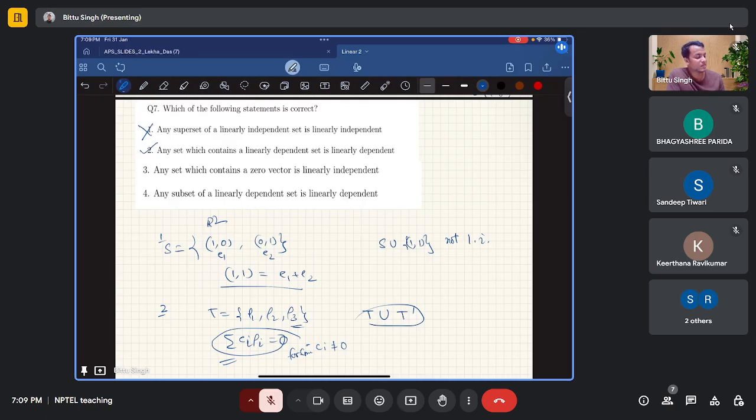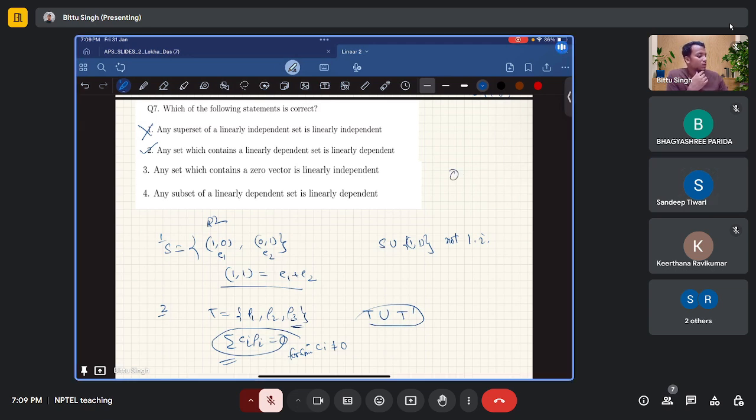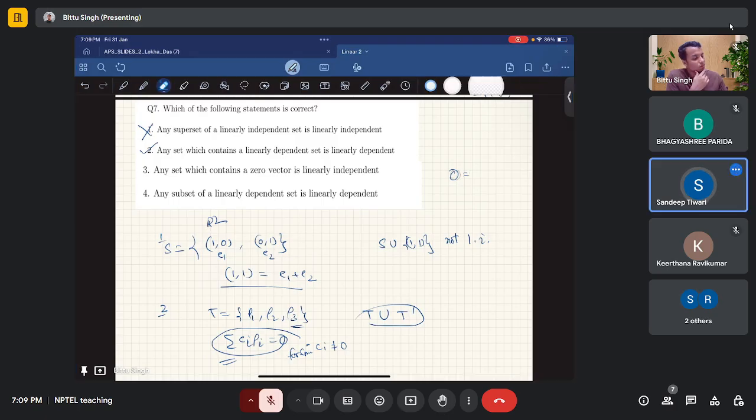The third option is any set which contains a zero vector is linearly independent. Is it true? No, because if 0 is there, 0 can be written as a linear combination: a times 0 is equal to 0 for any non-zero a.